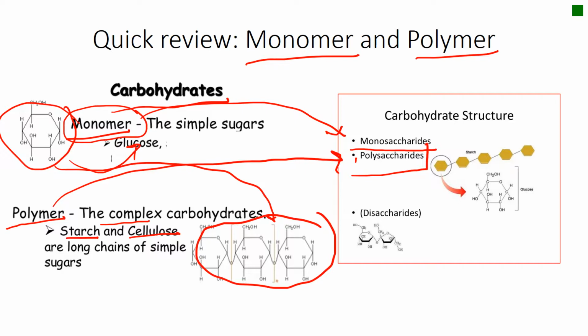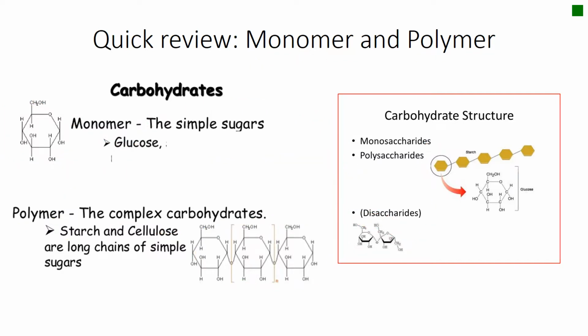All right. Now, however, there is another specific name for polymer of carbohydrates. Whenever there are only 2 subunits combined together, it has a specific name called disaccharide. So don't worry about this, because both disaccharide and polysaccharide are basically polymers of carbohydrate.